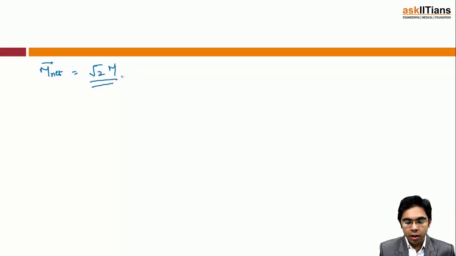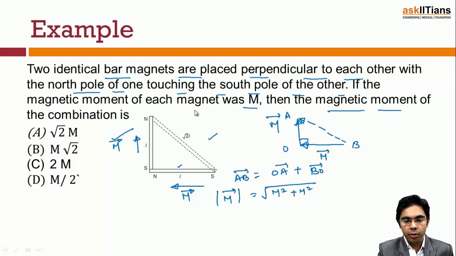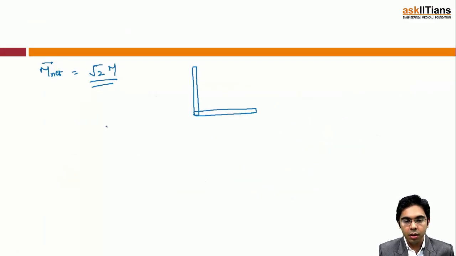Now this figure is something like this. This is the bar magnet. Now we can see this question in a different way. So this was the south pole, this is the north pole, this is the north pole of this magnet, and this is the south pole. Now this is the configuration.